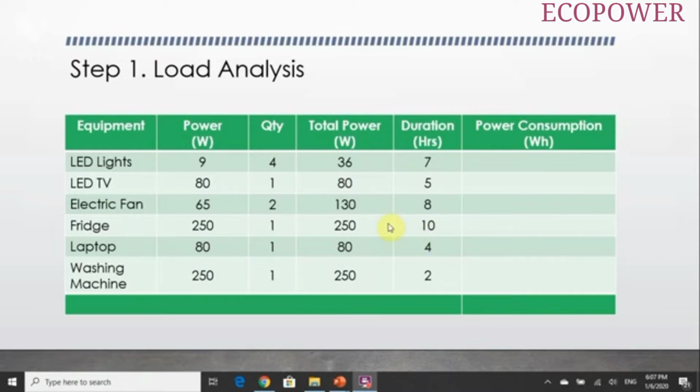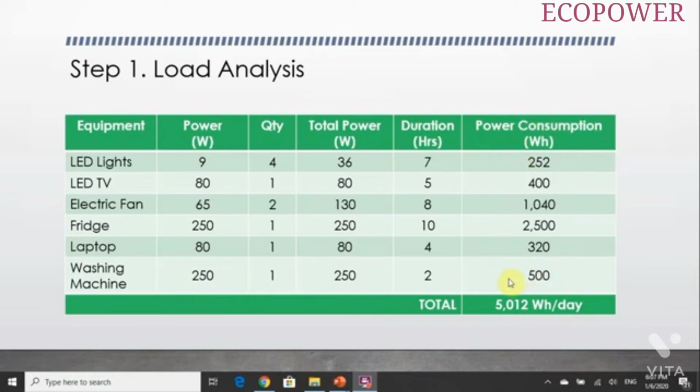Next, we will multiply this total power by the duration, and we have the daily consumption for each type of equipment.